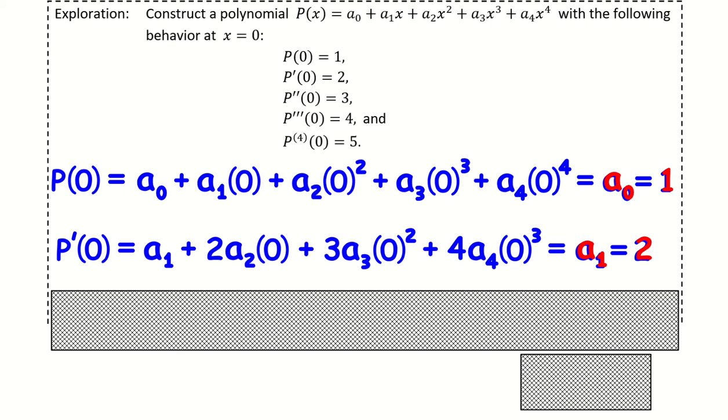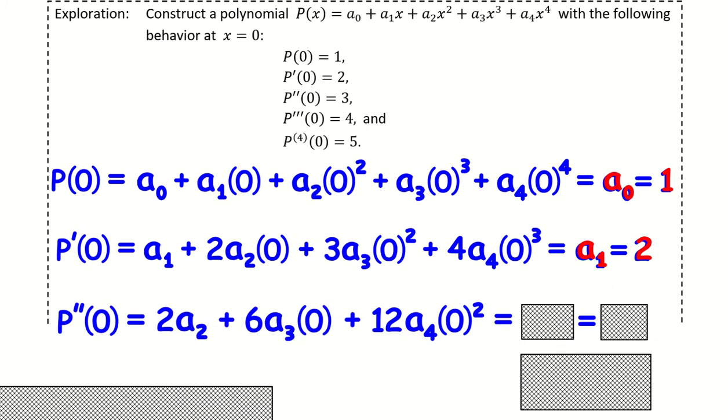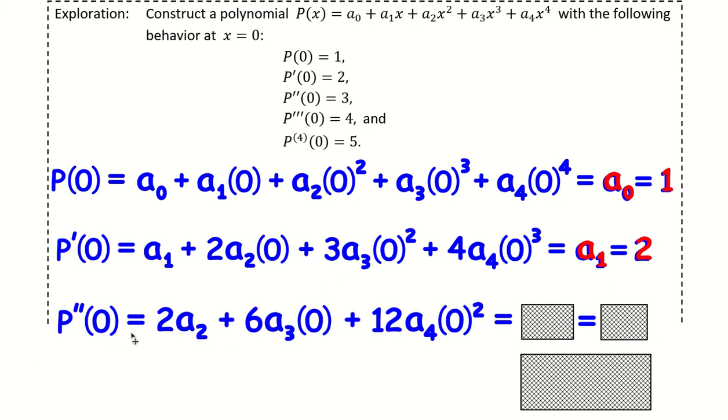Now this is going to continue, you've probably guessed, because now we're going to be taking the second derivative, plugging in 0, and then setting equal to 3. So taking the second derivative gets us to here. And then plugging in 0.